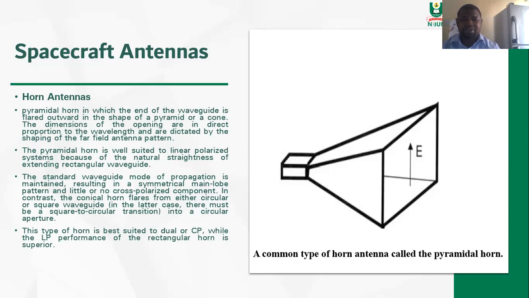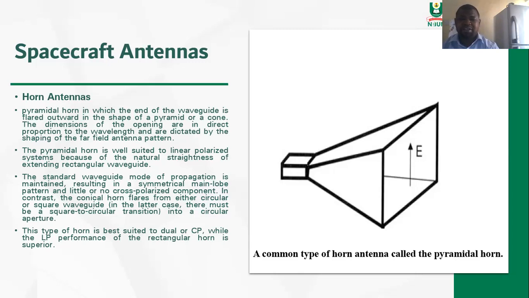A pyramidal horn antenna is one in which the end of the waveguide is flared outward in the shape of a pyramid or a cone. Now, the dimensions of the opening are in direct proportion to the wavelength and are dictated by the shaping of the far field antenna pattern.